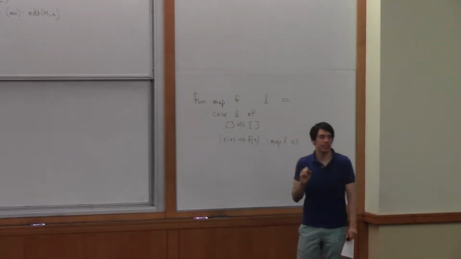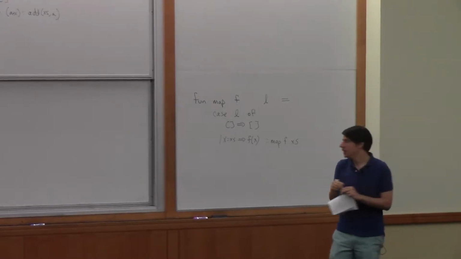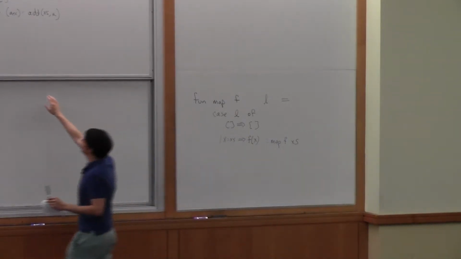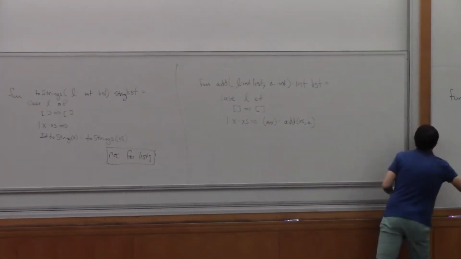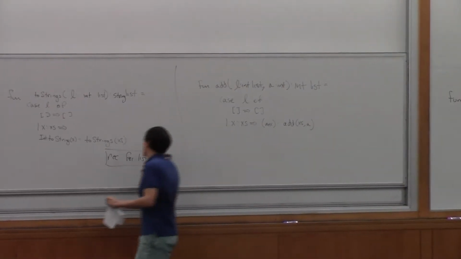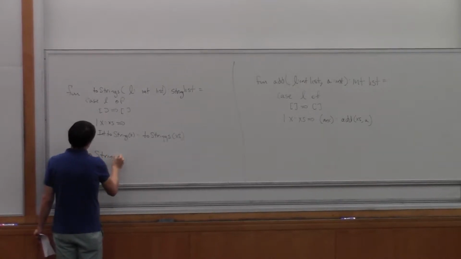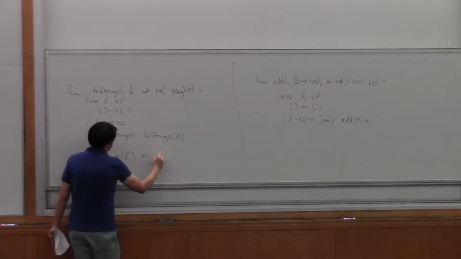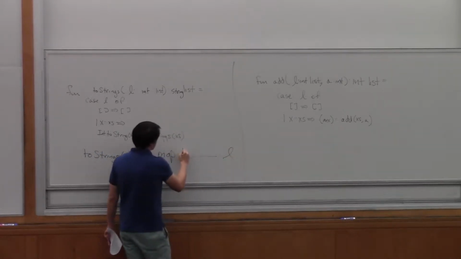Call f on it. Okay? So if we are to define this one as an instance of map, then what is it? ToStrings of L is mapping something on L. What's the something?